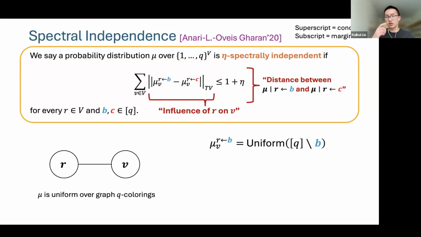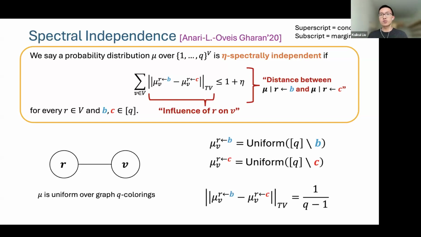If I know the vertex R is colored B, then I know the vertex V cannot be colored B. So this conditional marginal distribution is just uniform over all colors except for the color B, and similarly for C. And so you can directly compute that the total variation distance between them is exactly 1 over Q minus 1, where Q is the number of colors.